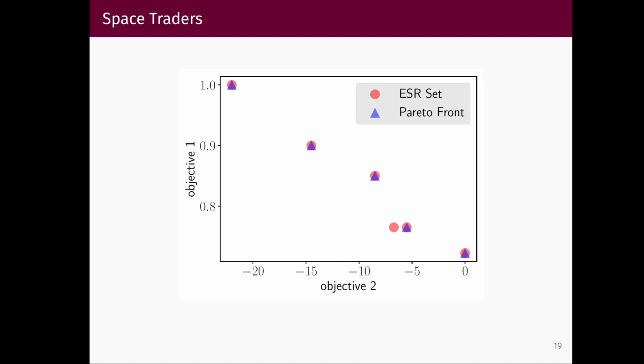And if you were to learn the Pareto front when you should be learning the ESR set, the user may select a policy that is suboptimal for their preferences, which highlights the importance of selecting the dominance criteria correctly before an algorithm is selected.